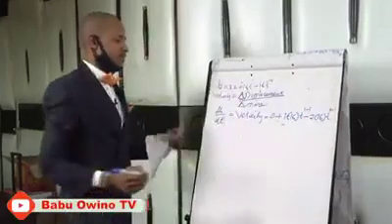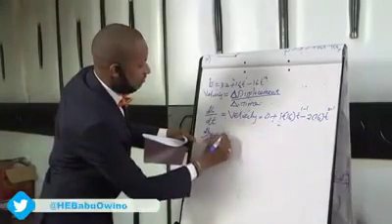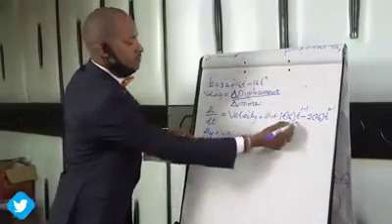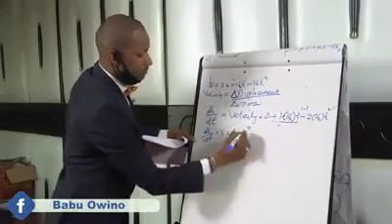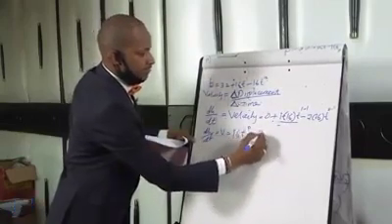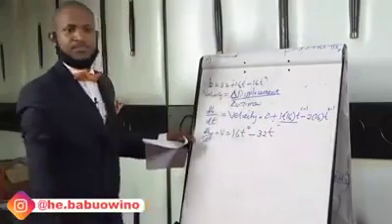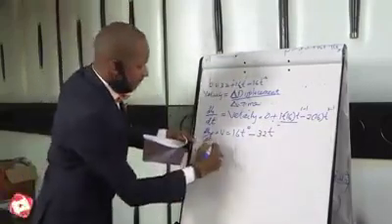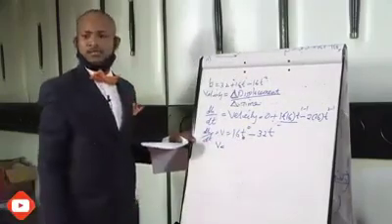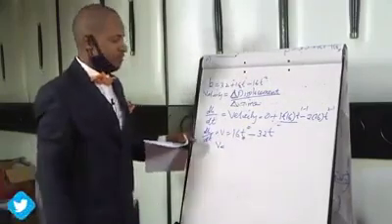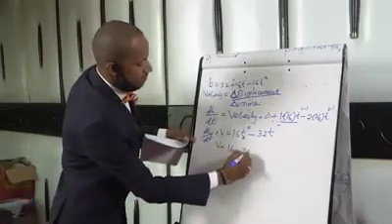Now dh/dt, which is our velocity, equals 16t to the power 0 minus 32t to the power 1, which is still 32t. Any letter raised to power 0 is 1. Therefore, velocity is 16 minus 32t.